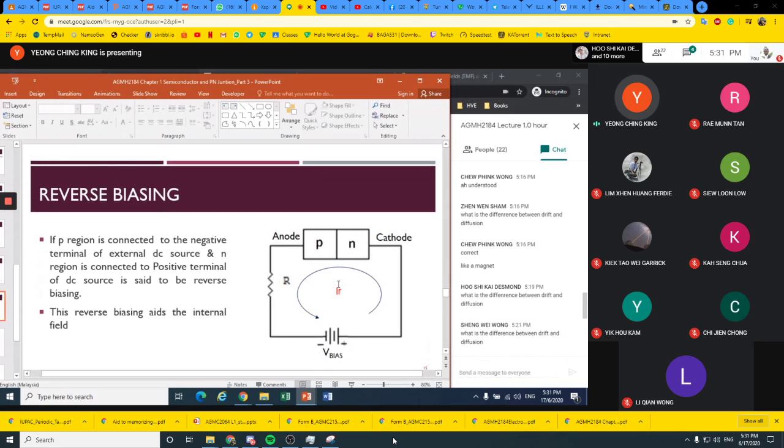So in reverse biasing, if the P region is connected to the negative terminal of the external DC source, and the N region is connected to the positive terminal of the DC source, it is said to be reverse biased. The reverse biasing adds to the internal field.